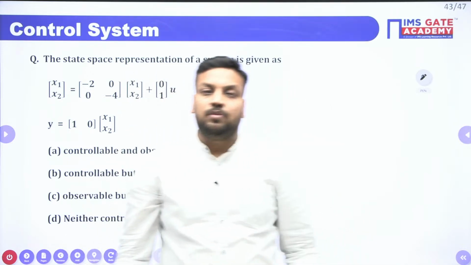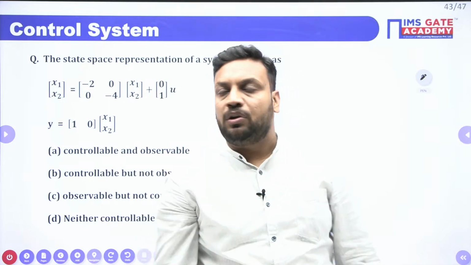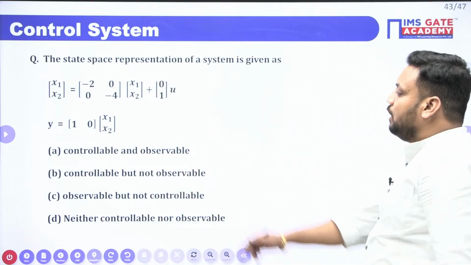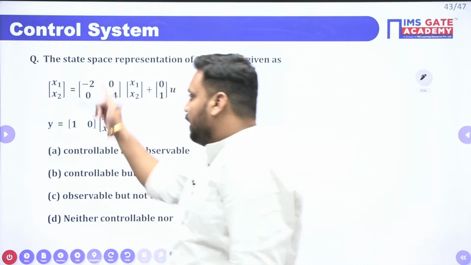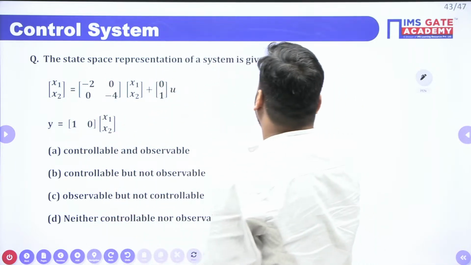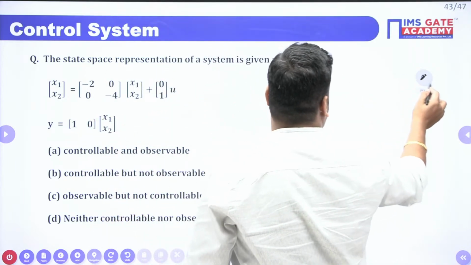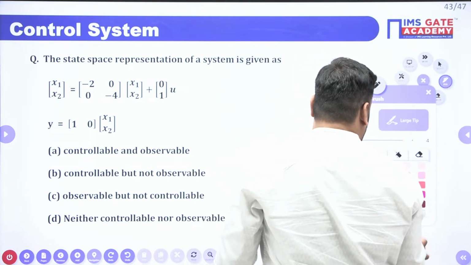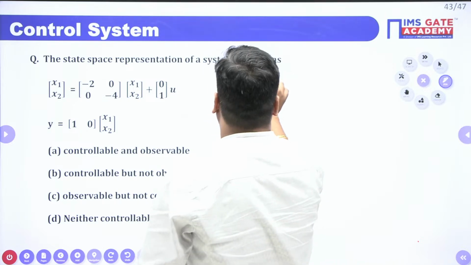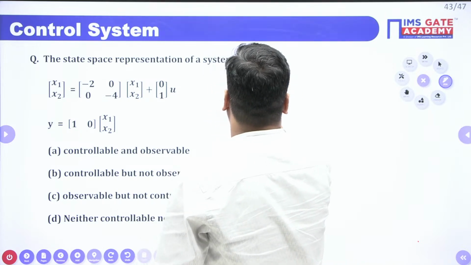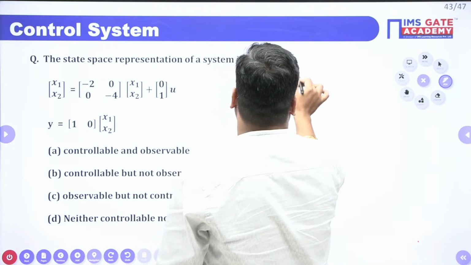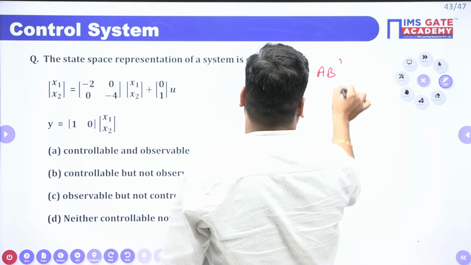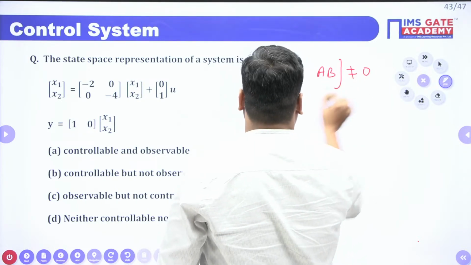So remember my word: if you want to save your time, just follow the lectures. This is the lengthy process, and you can check any PYQ book, where you will get the detailed solution like this. To check controllability, we check that B, AB should not be equal to 0 to make the system controllable.